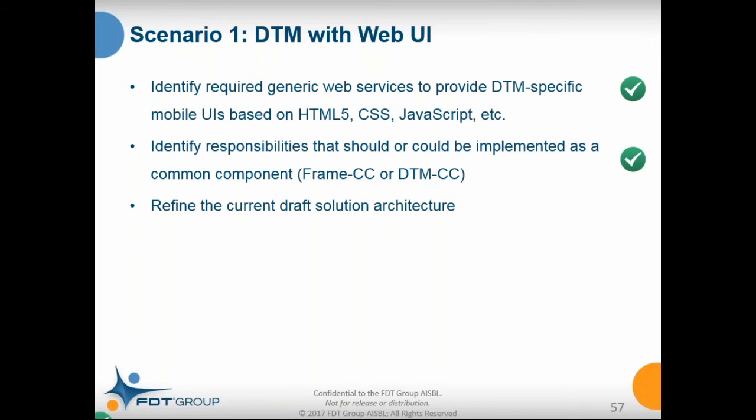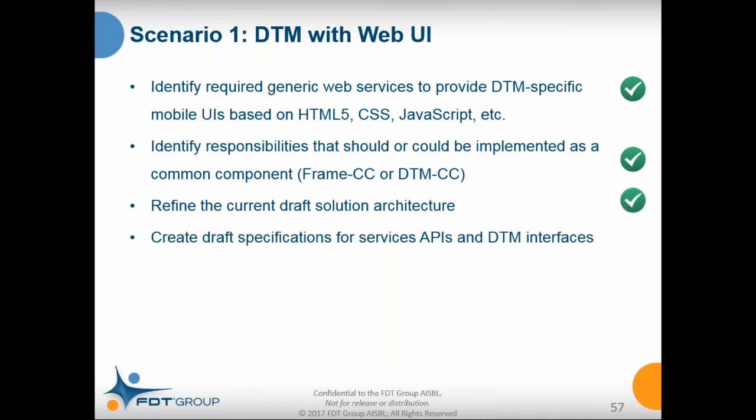Also this is done. So we have seen these server components as well as these services which belong to DTM. Then refine the draft solution architecture. That's also what we did already.